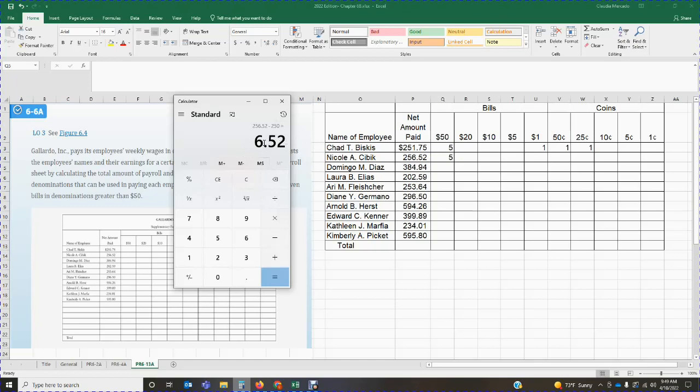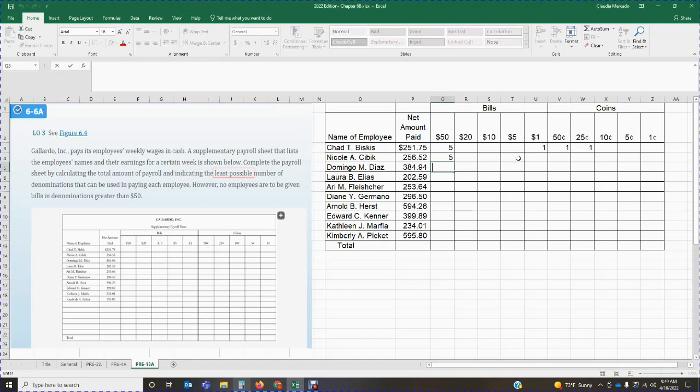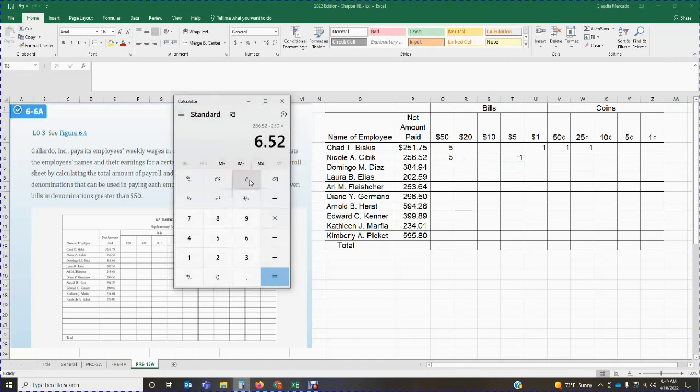So I know that I need a bill close to that 6, which is going to be a $5 bill. So I need one of the $5 bills. That's going to be $255. Now, 256.52 minus the 255 I've already accounted for means I need $1.52 to complete the payroll for this employee.